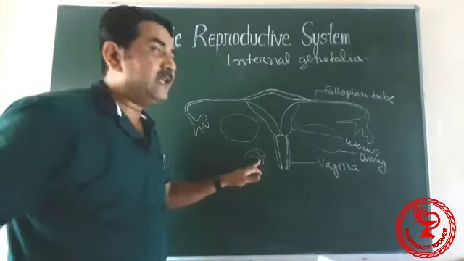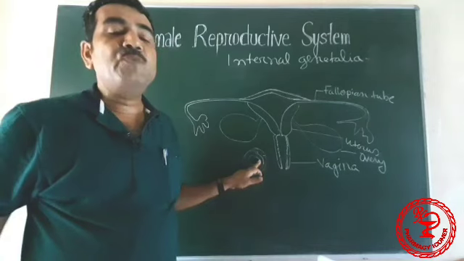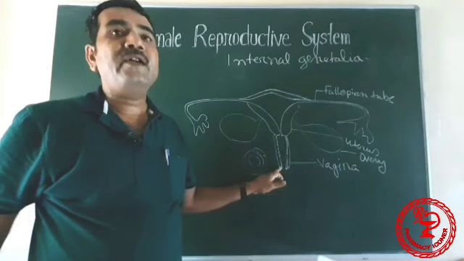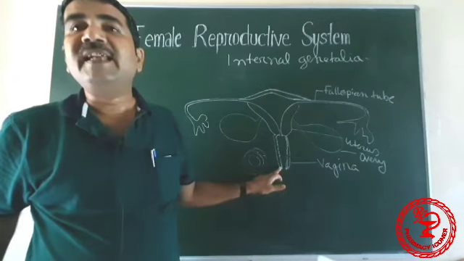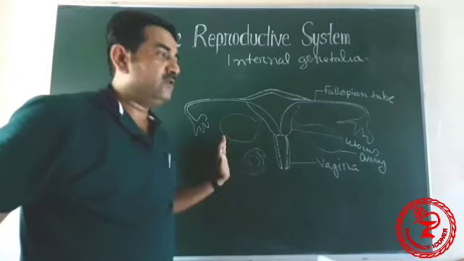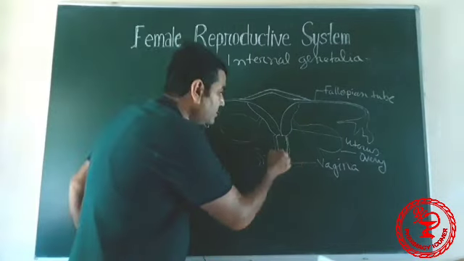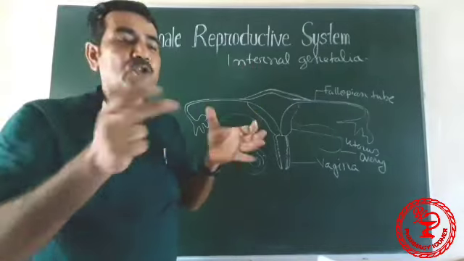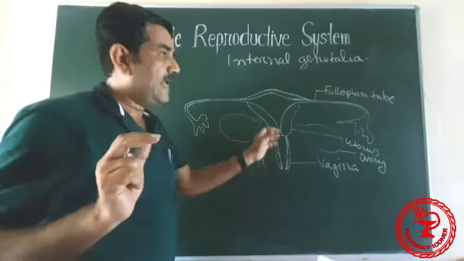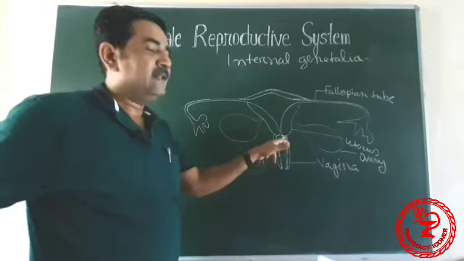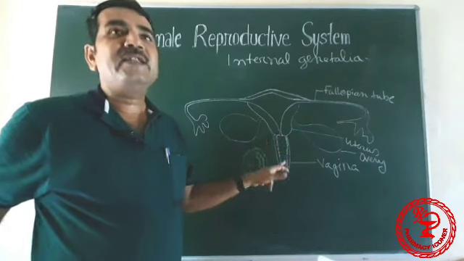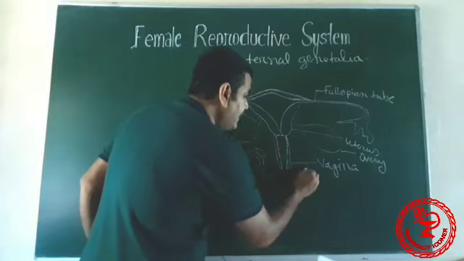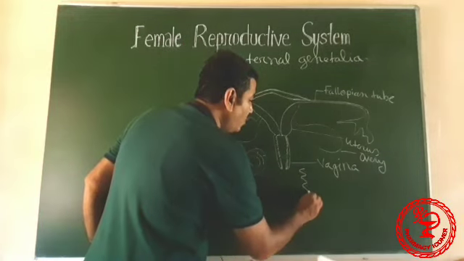The middle layer is made of smooth muscles, and the inner layer is made of stratified epithelial tissue.